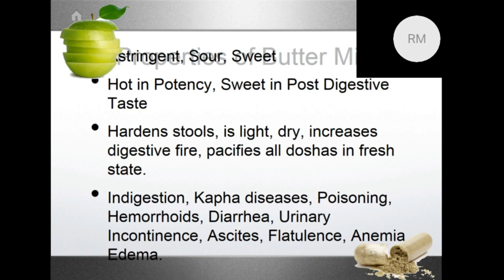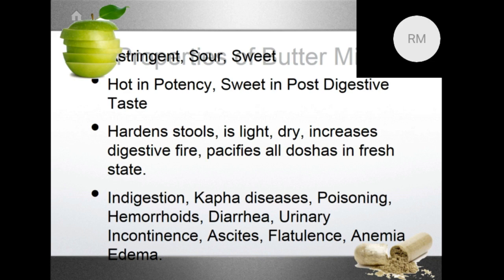In fact, a quick home remedy for stopping diarrhea is mix a little turmeric with buttermilk and heat it and consume. This can stop diarrhea very quickly. It's a very popular home remedy in India.